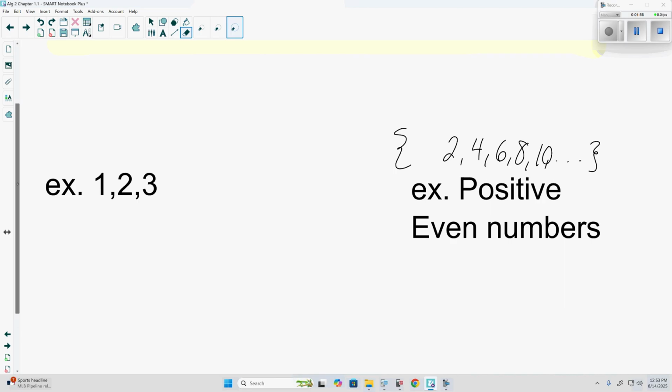Yep. You're good. So what we did, we're finishing up the note sheet from yesterday. You probably noticed it, but yesterday when we were talking about the set of positive even numbers, how we started with 0, that's not true, because 0 cannot be positive or negative.